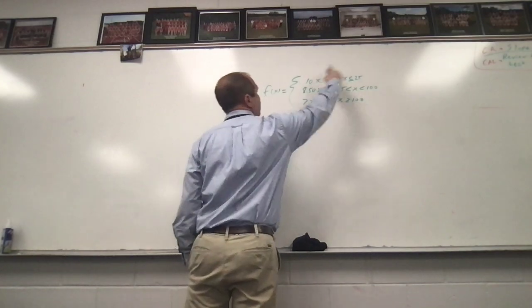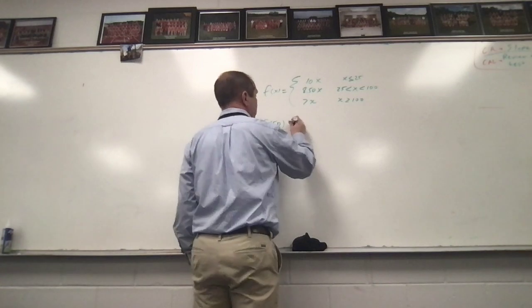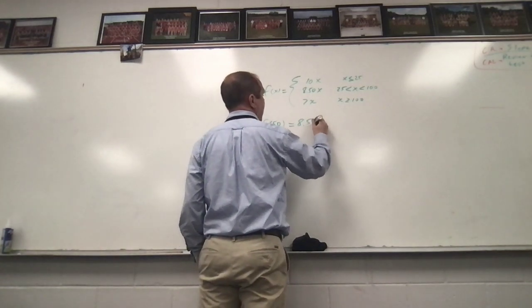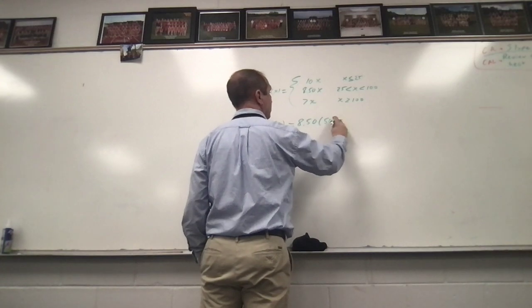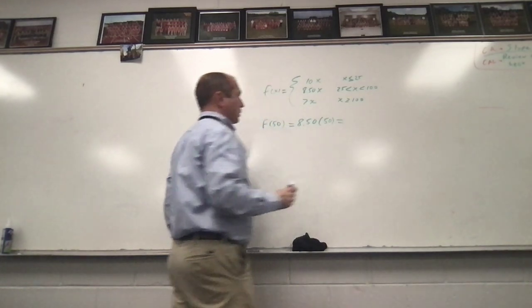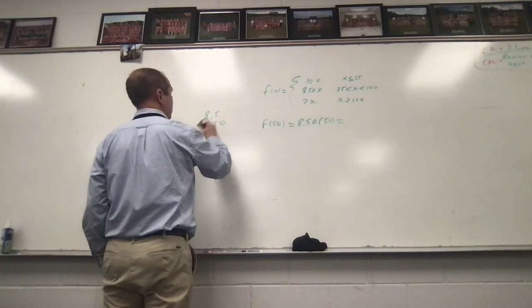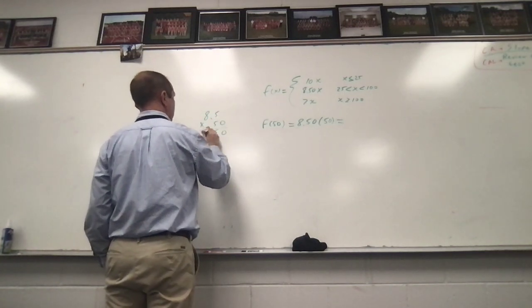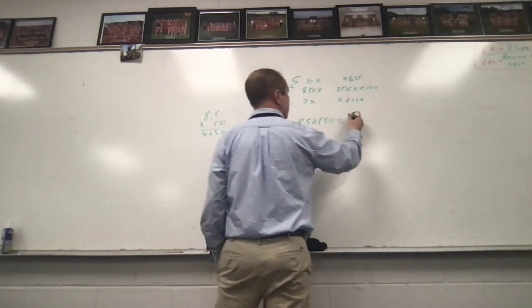Which one of these categories does 50 fall into? The middle one. So for 50 shirts, it would be 8.5 times 50. Someone do that in your head real quick. So $425.